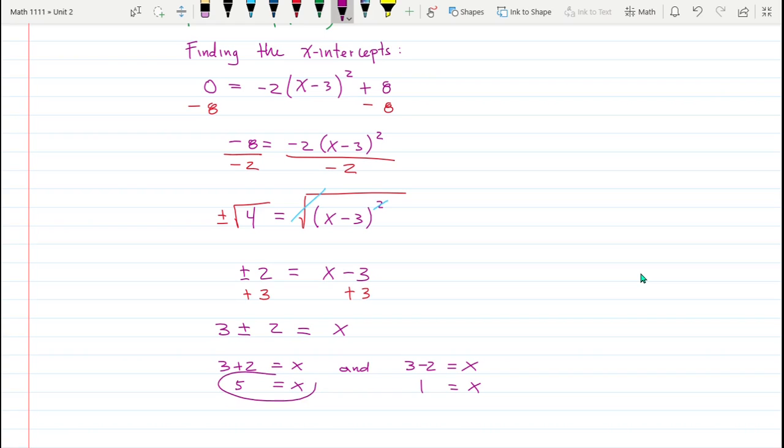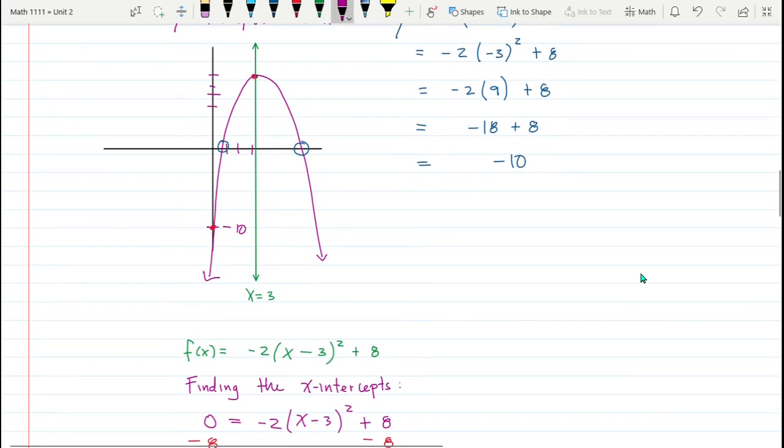So these are the two places where it crosses the x-axis. So if we go back to the graph here, this should be the value of 1, like that, 3, 4, and then this should be 5.